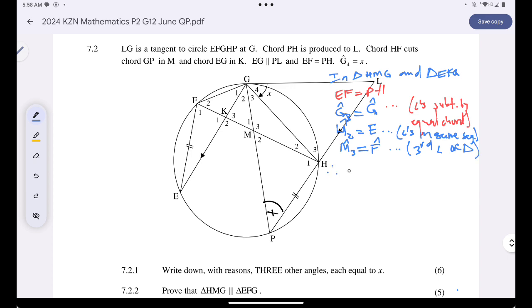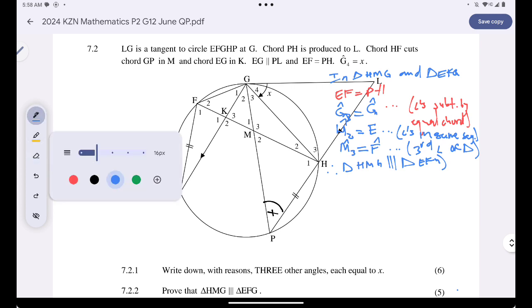So I can therefore conclude that triangle HMG is similar to triangle EFG. Let me write at the bottom. You must always write the reason, guys, whenever you prove similarity. This is the reason: angle.